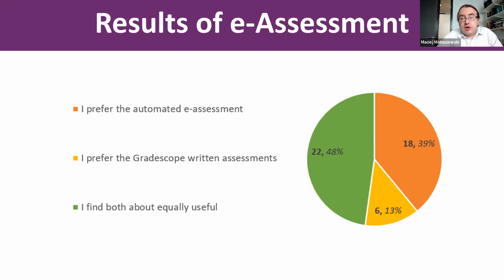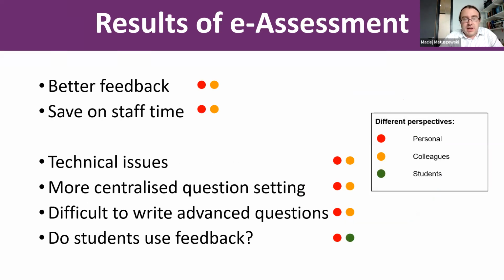And of those who prefer just one type of assessment, generally the students preferred the automated e-assessment, with the consensus being that the students really appreciated the immediate marks that they were able to receive with that, and were satisfied with the level of feedback. So yes, in general, students felt that they received as good feedback as they did on written assessments, and of course it saved on time.